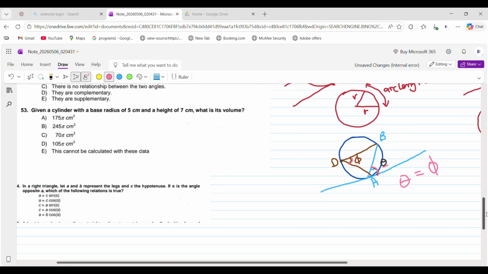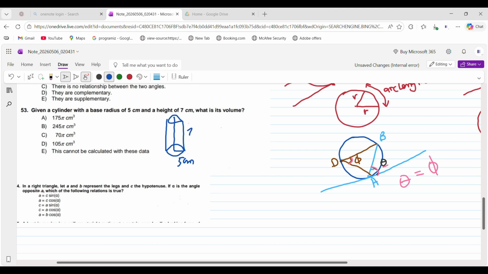Okay. And now let's move towards question number 53. Given a cylinder, so basically I can make here a cylinder. Okay. With the base radius, so base radius they have given 5 centimeter.